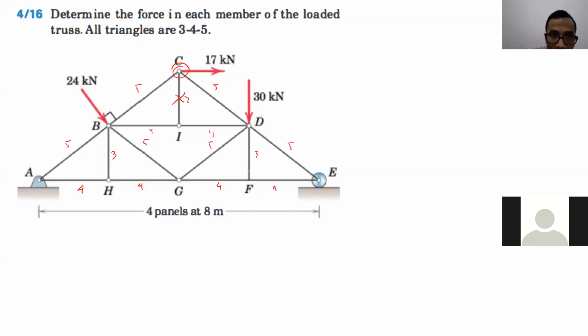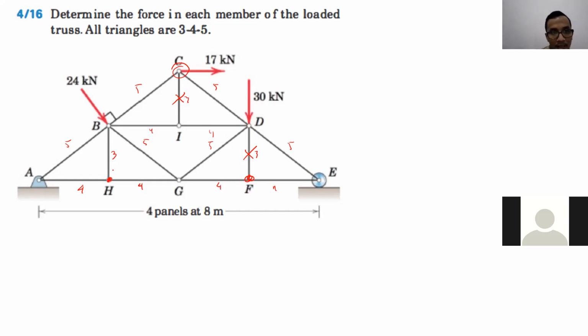Let's take a look at joint F here. If we take a look at joint F, GF and FE are two collinear members, and there is no external load at joint F. That's why member DF will become a zero force member, despite what is happening at joint D. So we don't have to take a look at joint D. Same here, BH.